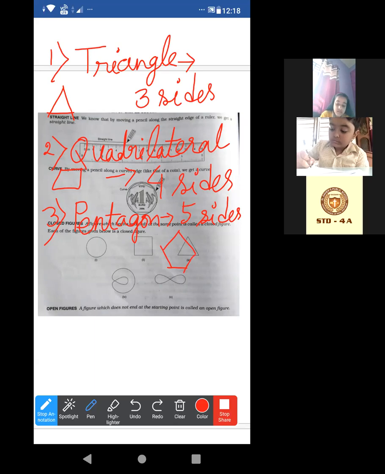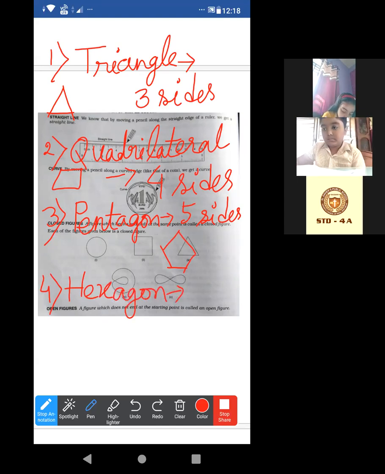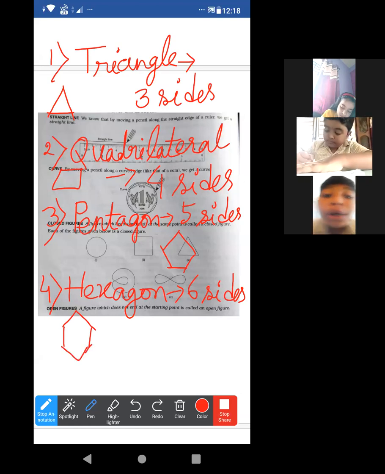Fourth one, hexagon, six sides. It will be in this way: 1, 2, 3, 4, 5, 6.